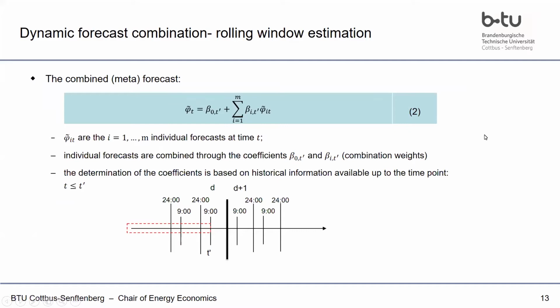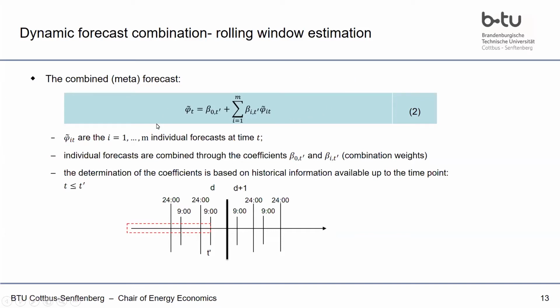So we resort to dynamic forecast combinations, and we apply a rolling window estimation approach. The combined meta forecast phi_t tilde consists of the individual forecasts phi_i,t tilde, i from 1 to m, at time t. The individual forecasts are combined through the beta coefficients, also called the combination weights.